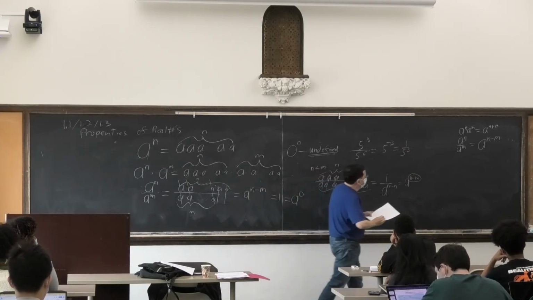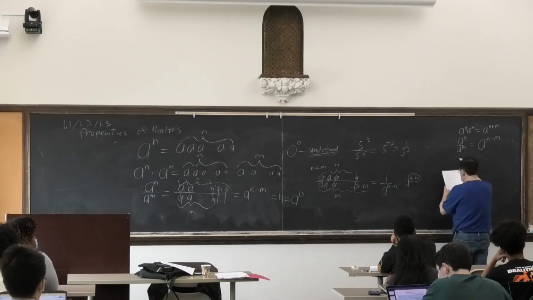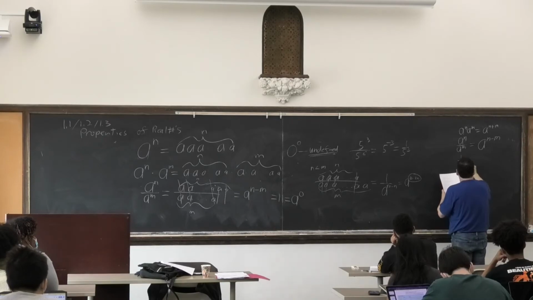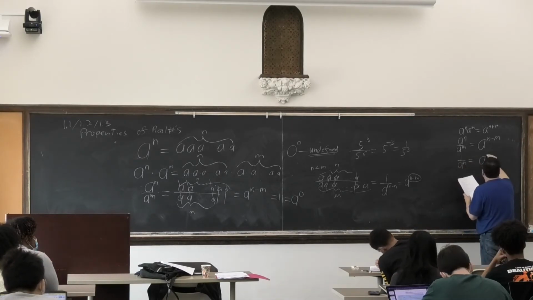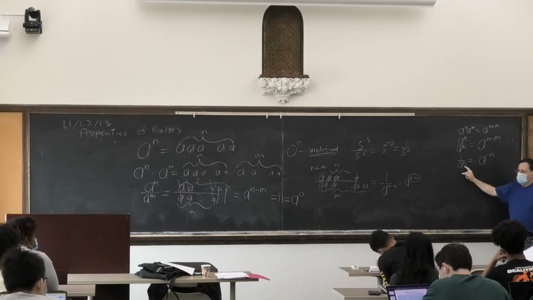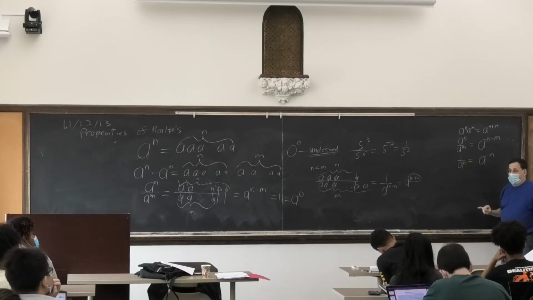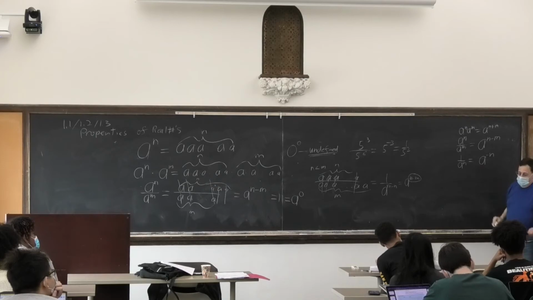Which brings us to another important rule, which is 1 over a to the n is a to the minus n. Keep in mind, it doesn't matter if n is positive or negative here, right? It works both ways. So 1 over a to the minus 5 is a to the 5.